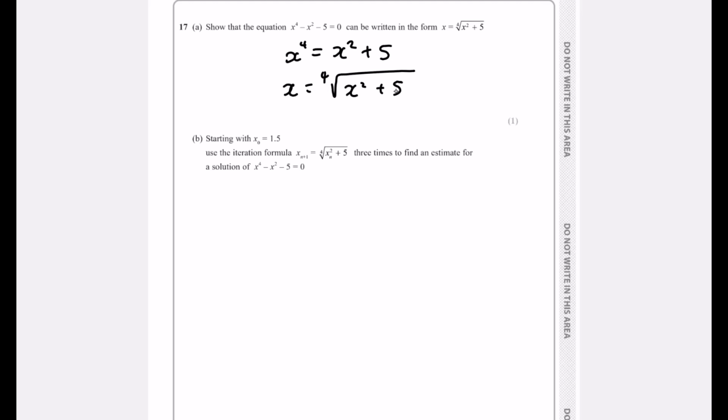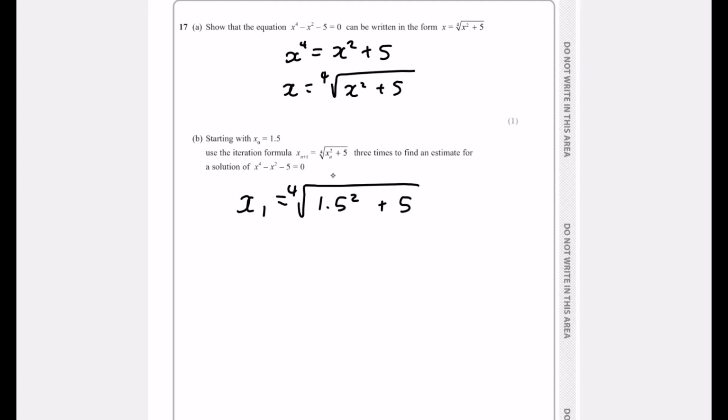Starting with x0 equals 1.5, use the iteration formula 3 times to find an estimate for the solution of that equation. So 1.5 is what we're starting with. So x1 is going to be the fourth root of 1.5 squared plus 5.